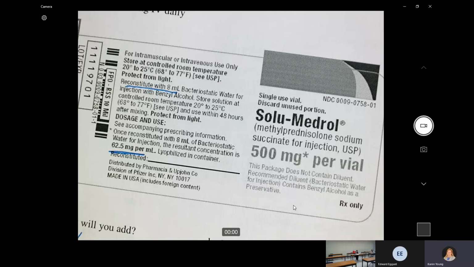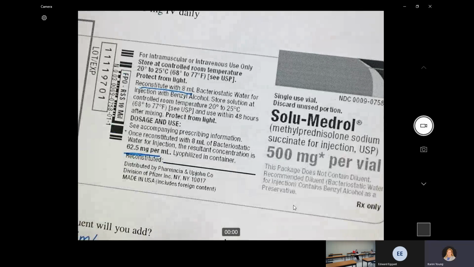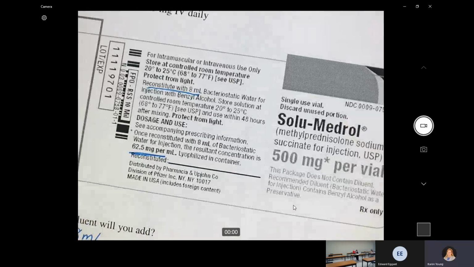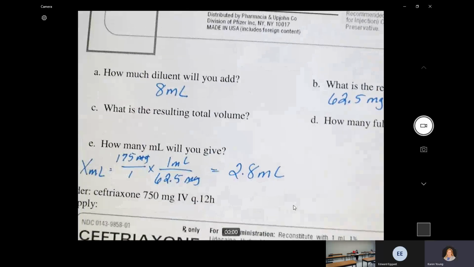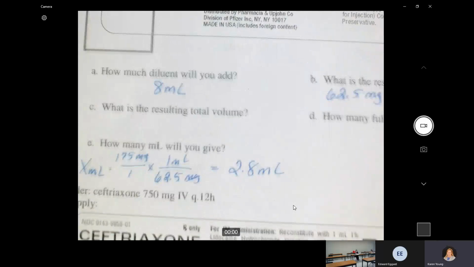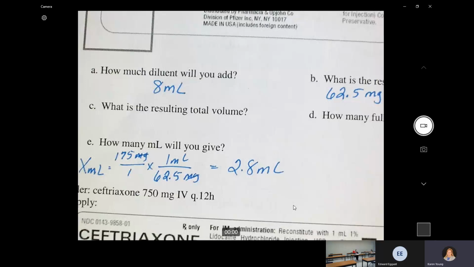Everybody agree with her? So 2.8 milliliters. So more than likely, I'm going to have enough volume to give the 2.8 milliliter dose. But let's double check it just to make sure.